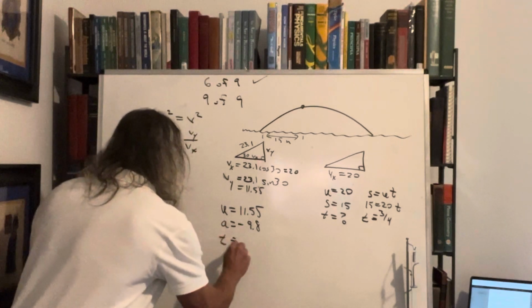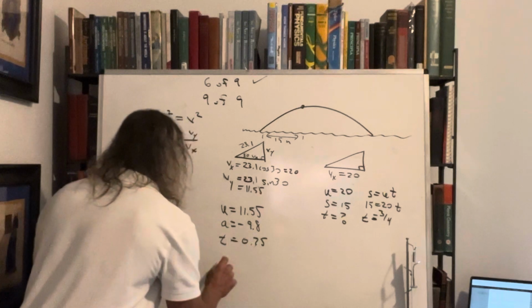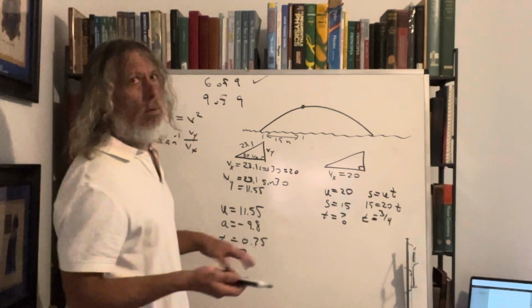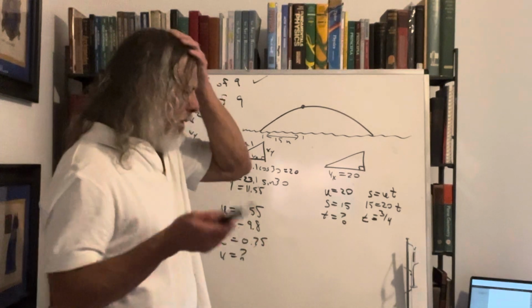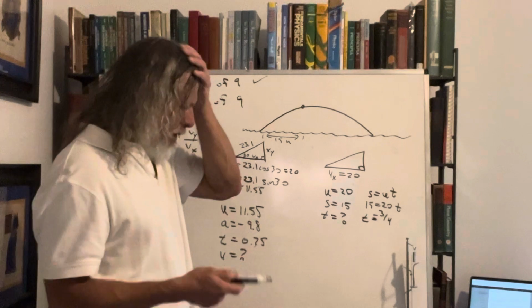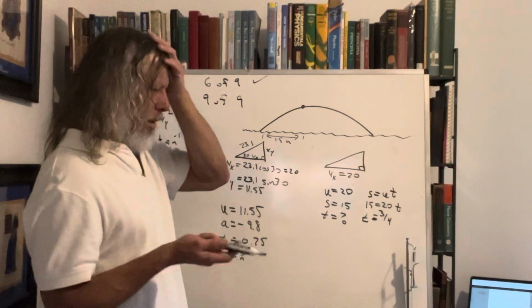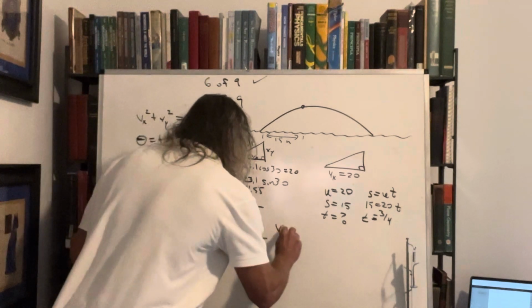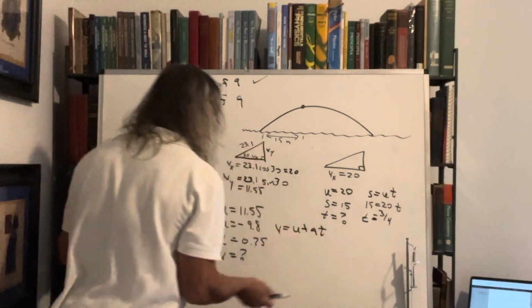Time, 0.75. V, we want to know, what's the up and down thing? Gravity is going to slow it down. That's like gravity in a certain time, acceleration in a time. We can just use this stuff. So V equals U plus A T.